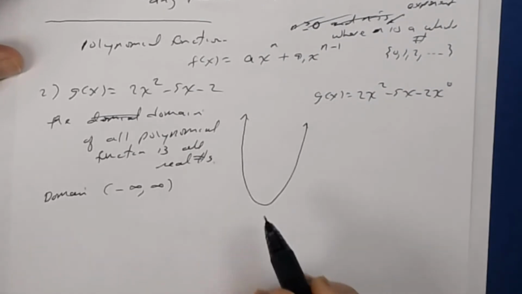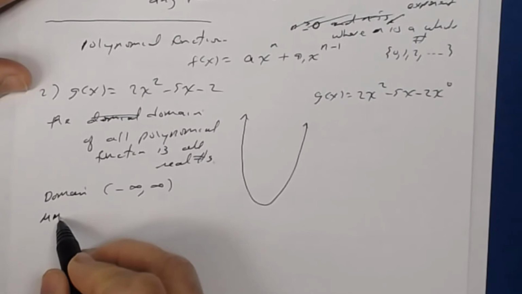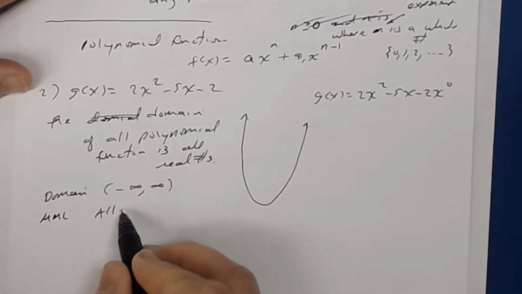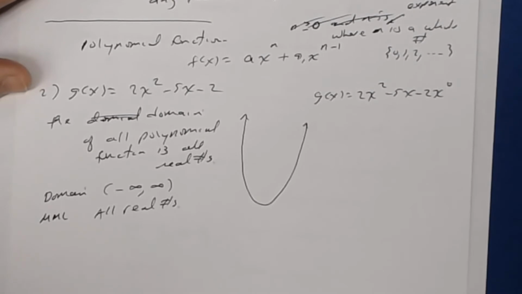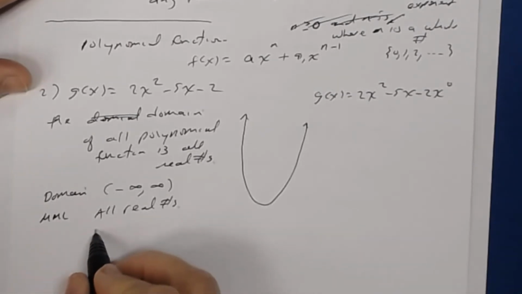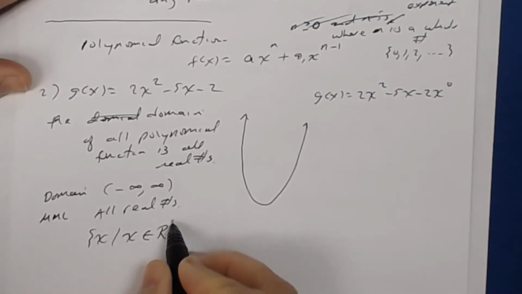All right, now on MyMathLab, it's going to say all real numbers. And that's what you write, all real numbers. Okay? So that's what MyMathLab is going to say. All right, now, in some textbooks, it'll say something like this: the set of x's such that x is any real number.